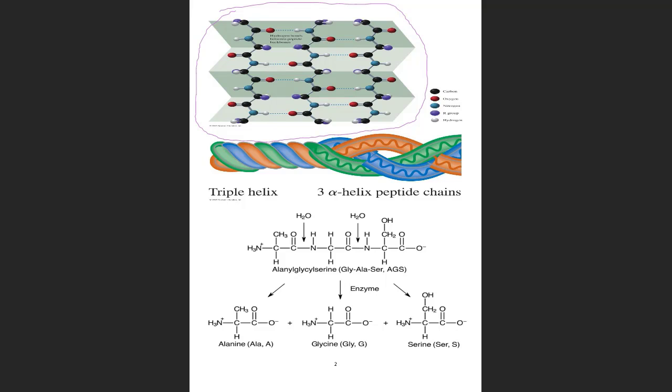So we talked about the primary structure, the order, the secondary structure, the tertiary structure, and here in this drawing, you can see a triple helix. This is the quaternary structure. It is found in proteins that have more than one polypeptide.